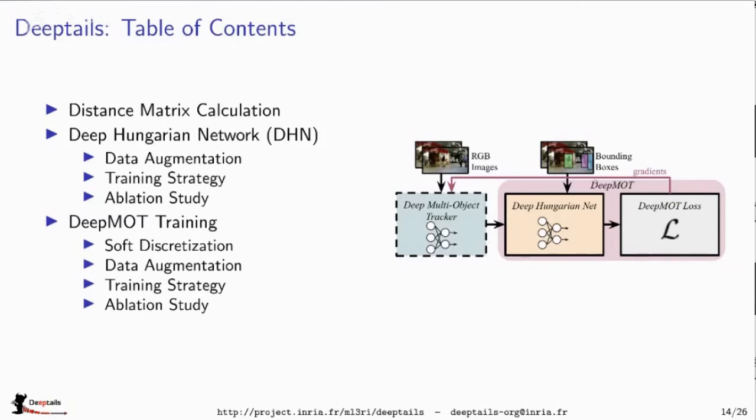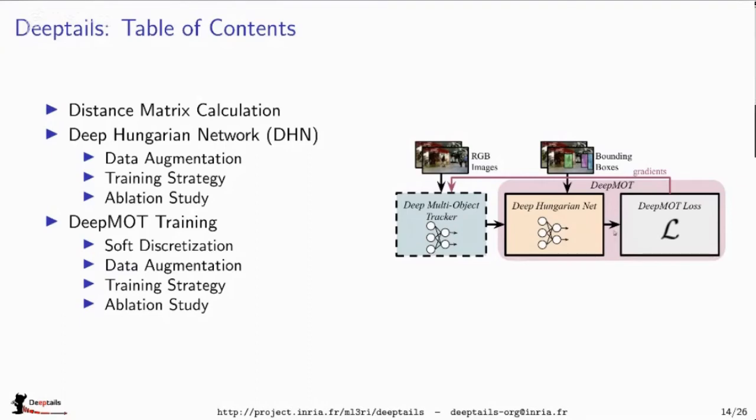And during training, we have the ground truth bounding boxes. So we can calculate the distance matrix between the ground truth bounding boxes and the predicted bounding boxes. And this serves as the input for the DHN. Then the DHN will output a soft assignment matrix.